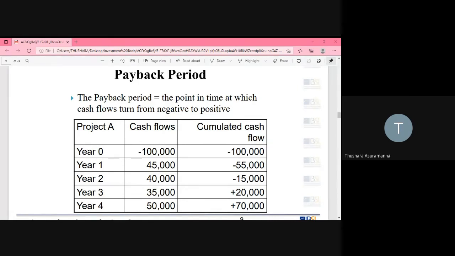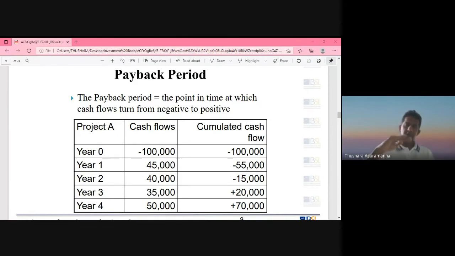Okay. So basically what we are trying to do here is use each year's cash flows included here, and then going to the last column, we try to see what is the cumulative cash flow. So negative, negative, negative, positive, positive. Then what is our payback period now?